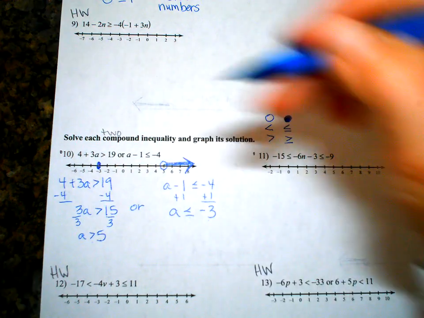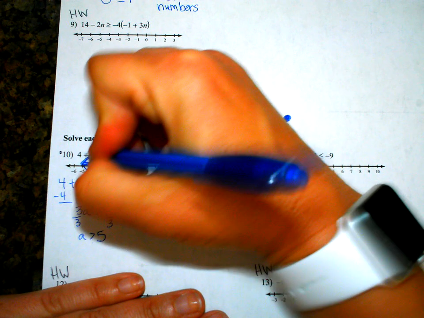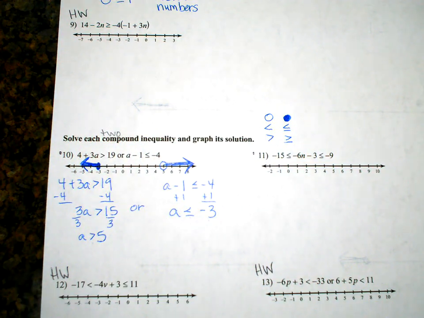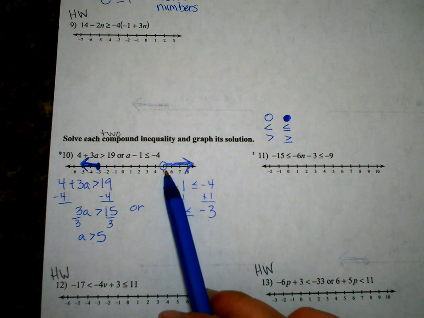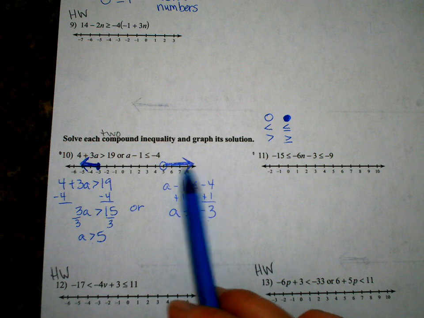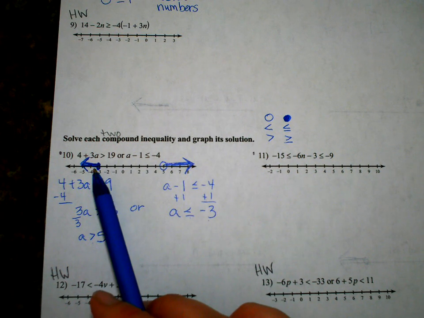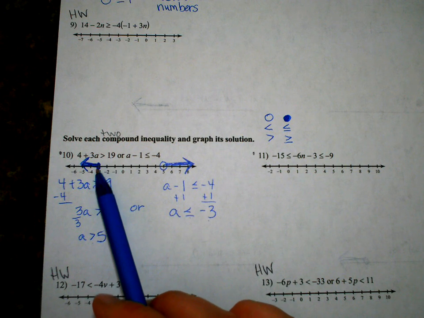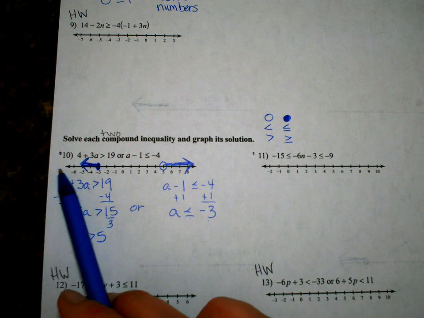Less than or equal to, left. Okay, I have a set of answers that would work, like 6, 7, 8, 9, 10, 11, 12. All of these numbers would work for the inequality, or answers over here, -3, -4, -5, -6, -7, -8, -9.